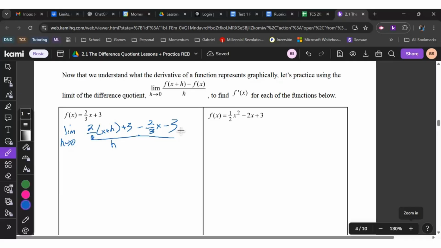So we're going to get 2x over 3, plus 2h over 3, not times, I apologize. Actually, I can already get rid of something. What could I cancel out already? Exactly. Let's get rid of those 3's. I don't want to write out extra stuff. All right, and then the whole thing's over h. What can I get rid of now?